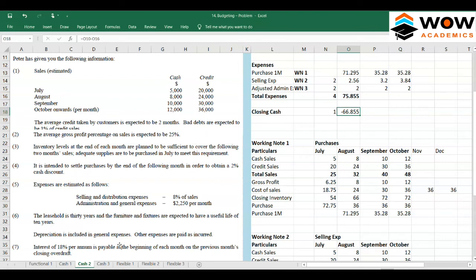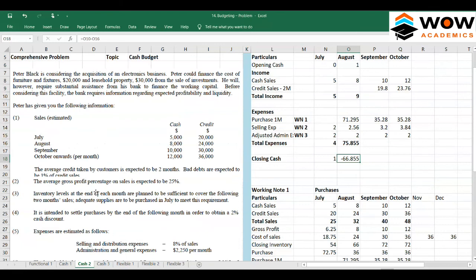So there could be another item here, overdraft interest. Overdraft interest is not paid in August. It would be paid in September.